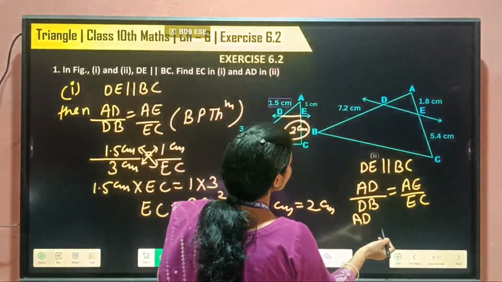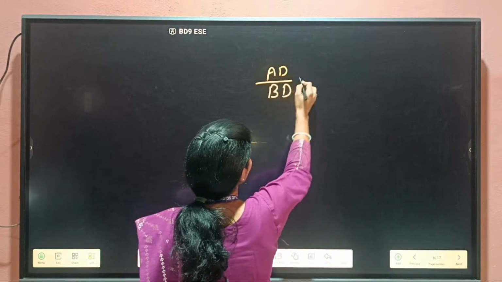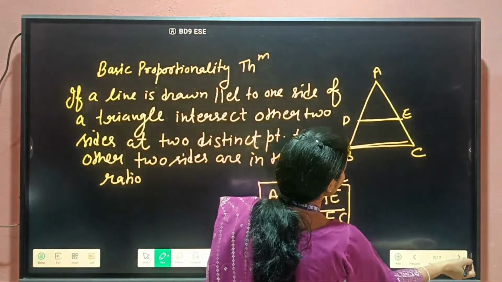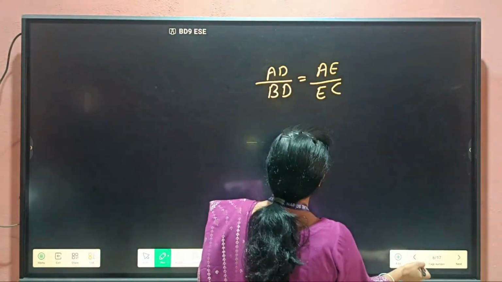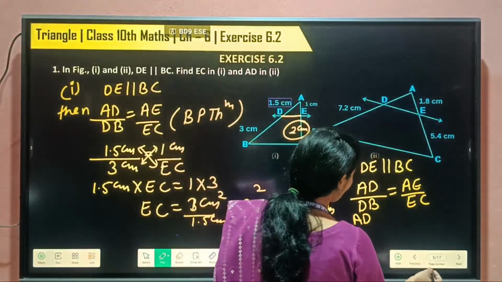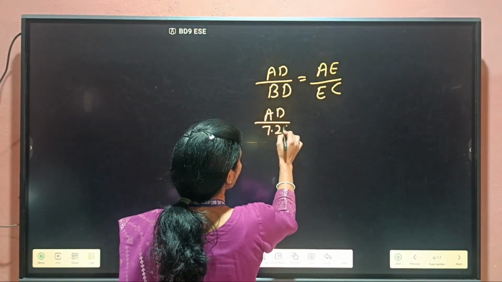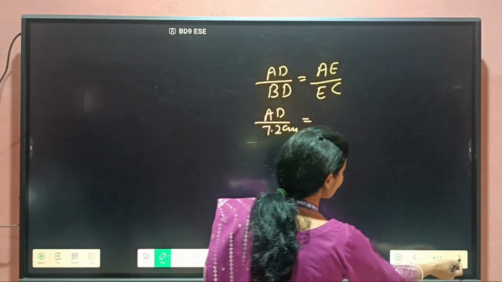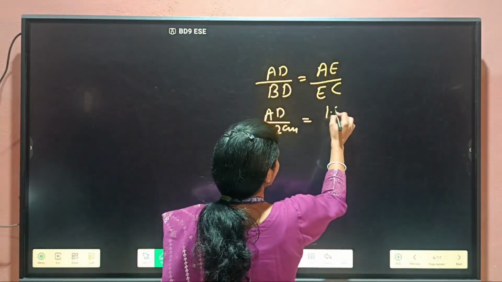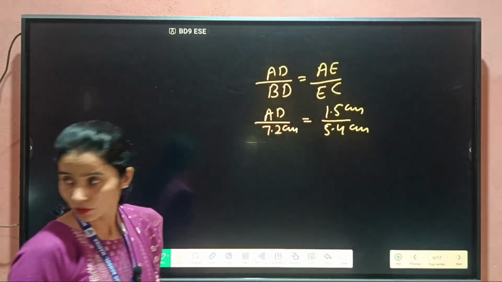AD by BD and AE by EC. This AD we have to find out and BD is 7.2. AD by 7.2 centimeter equals AE is 1.8 and EC is 5.4 centimeter.